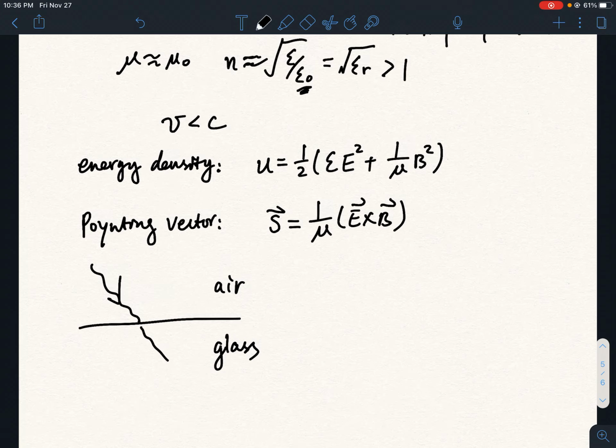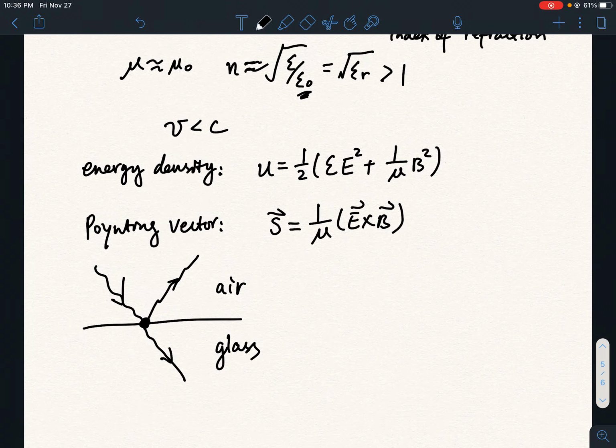We know that the wave will be reflected and also transmitted. To figure out what happens on this surface, we need to use the boundary conditions. The boundary conditions are what we derived in chapter 7.